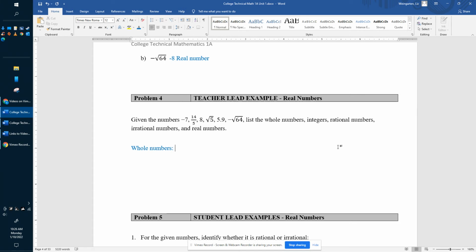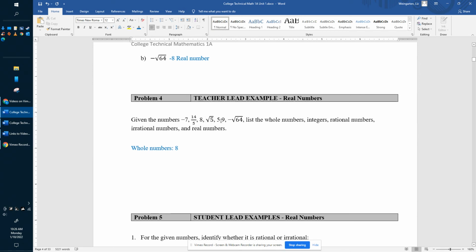If you remember, the whole numbers are all the counting numbers in addition to 0. So we have to make sure that there's no negative numbers, no fractions, and no irrational numbers. Looking at the numbers that we have here, we have a negative, we have a fraction, we have a positive whole number. So that means that that one is going to be part of our whole numbers.